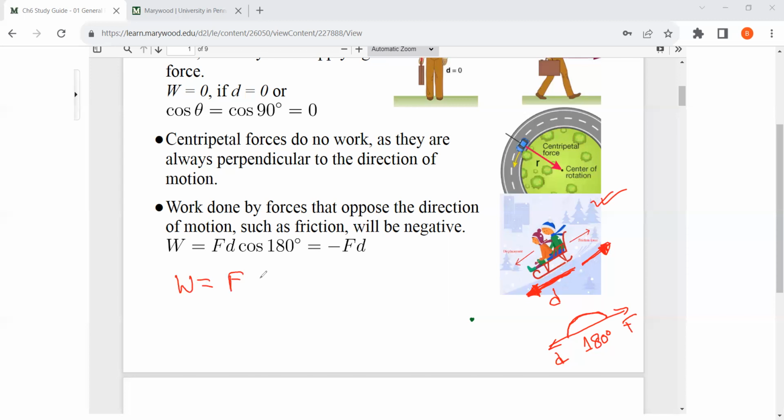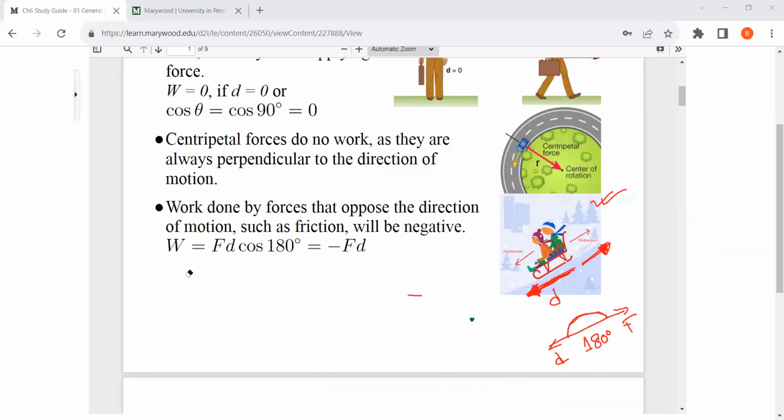If you plug this value in, W = F d cosine 180 degrees, and cosine 180 degrees is -1. So W equals negative F d. When the displacement and the force are opposite to each other, the work done is negative. For example, the friction force does negative work. Remember that.